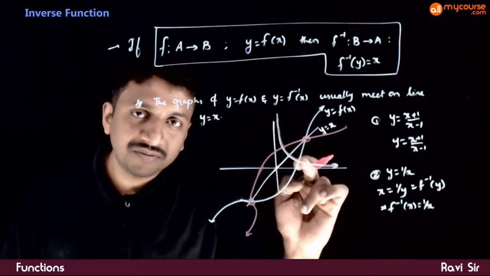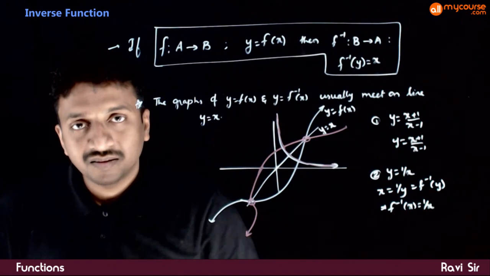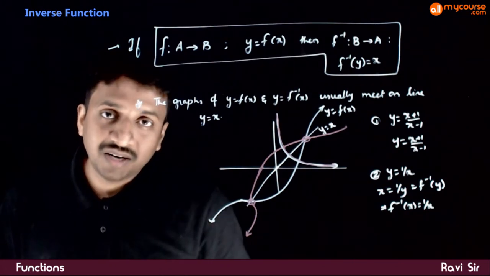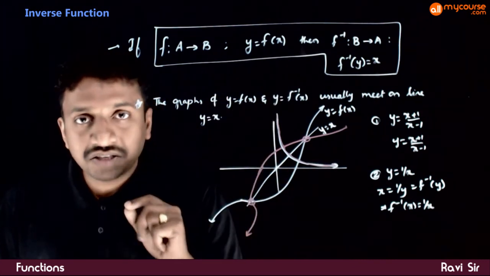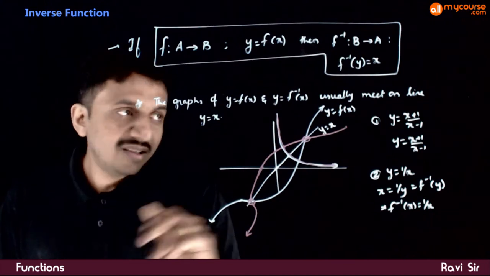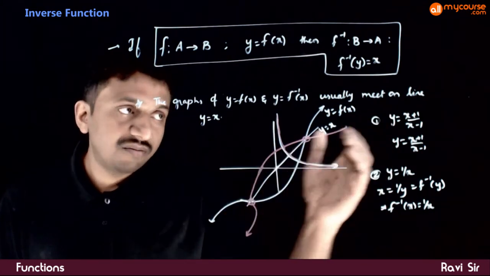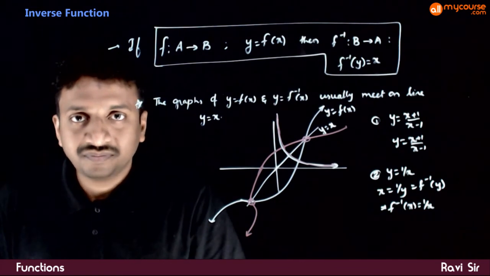So all the points of intersection do not lie on y is equal to x. You need to be careful about this statement: the graphs of the function and its inverse function usually meet on y is equal to x, but not always. There are some exceptions where the function is exactly the same as the inverse function.